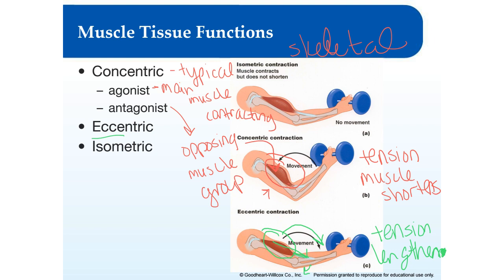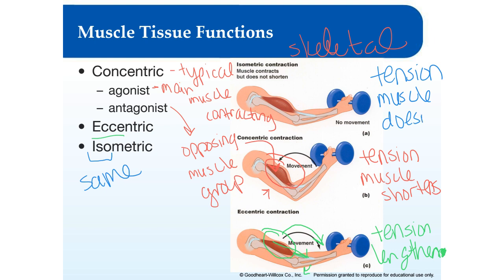And then our last one here are these isometric contractions. Iso means same, right? And so an isometric contraction, this is what we see happening in this first picture here. I produce tension, but the muscle doesn't move. It stays exactly the same. Think about if you were trying to push down a brick wall.